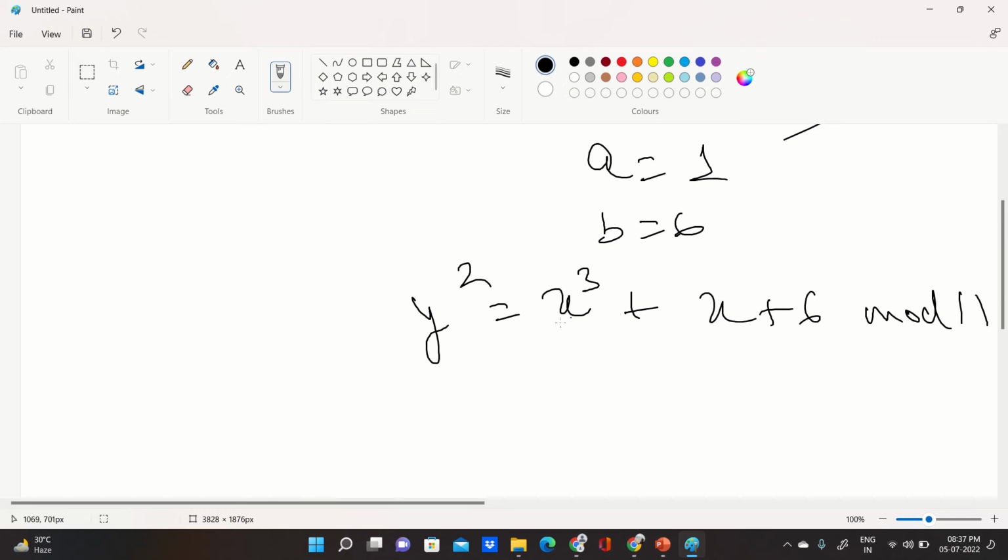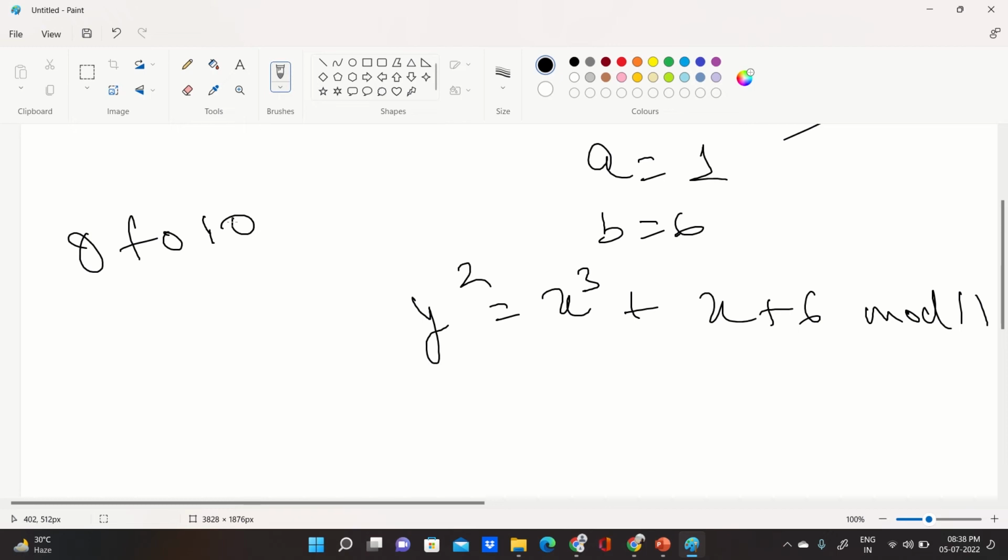So how do I find the points? Since we are going to operate over mod 11, the numbers would be from 0 to 10. X's value would be 0 to 10, and y's value would be from 0 to 10. What do I need to find?